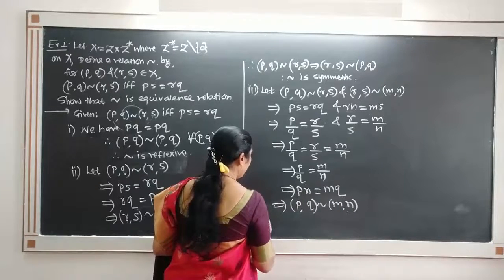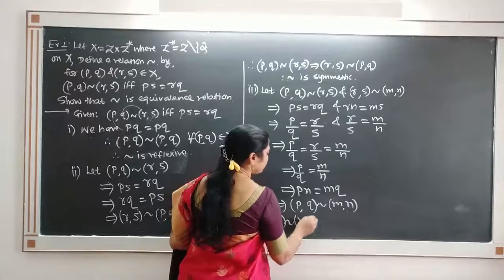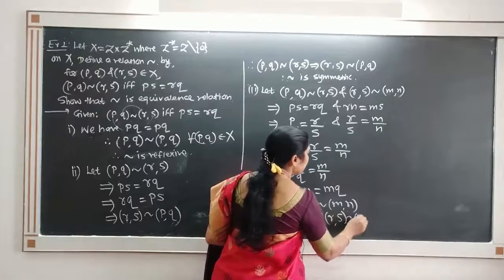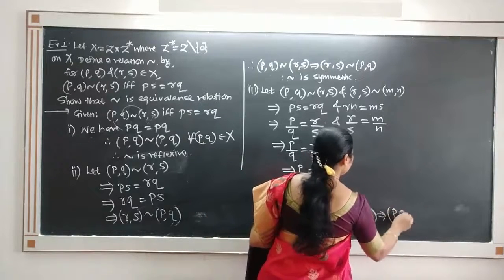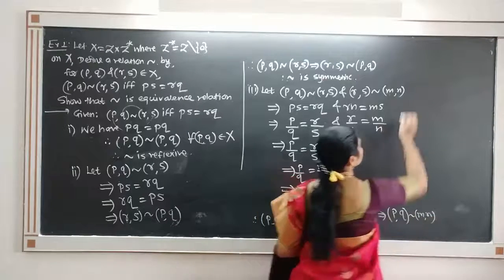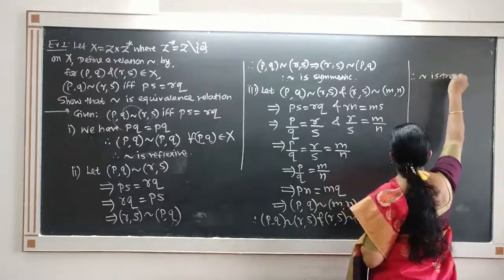So starting with (p,q) related to (r,s) and (r,s) related to (m,n) implies that (p,q) is also related with (m,n), and therefore the relation is transitive.